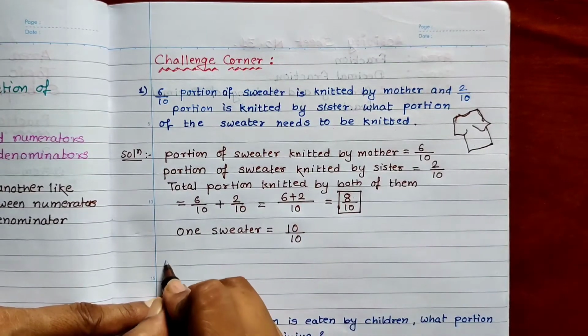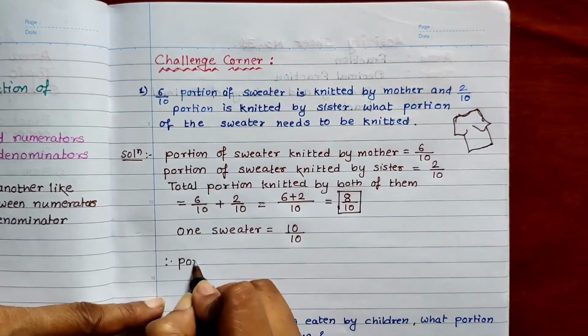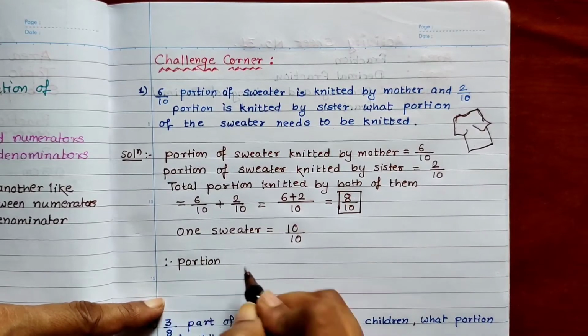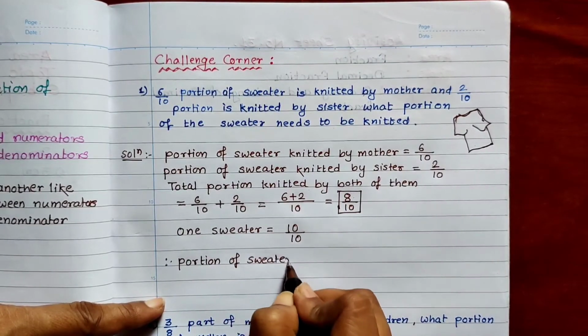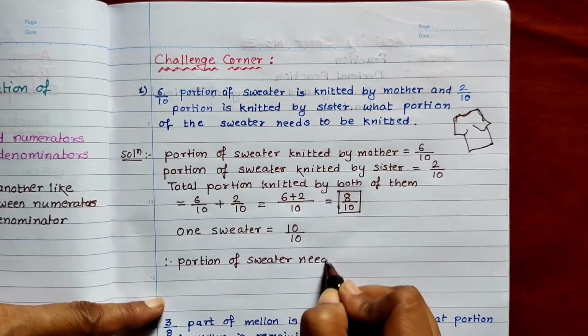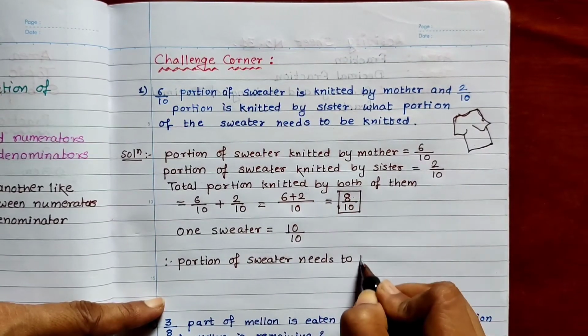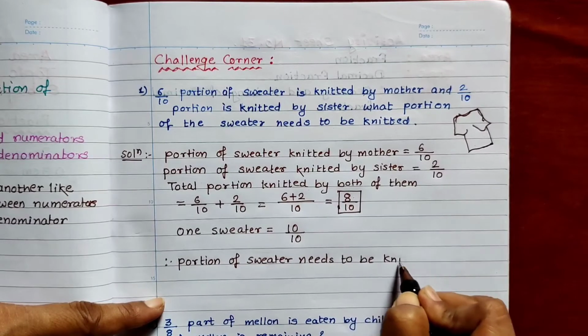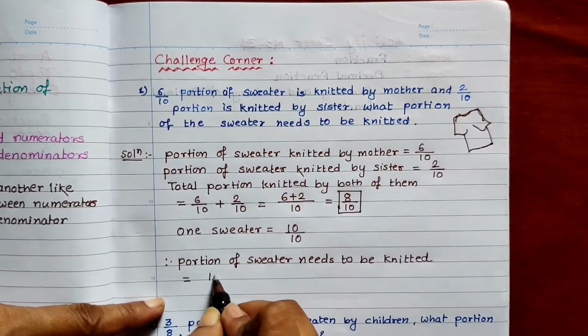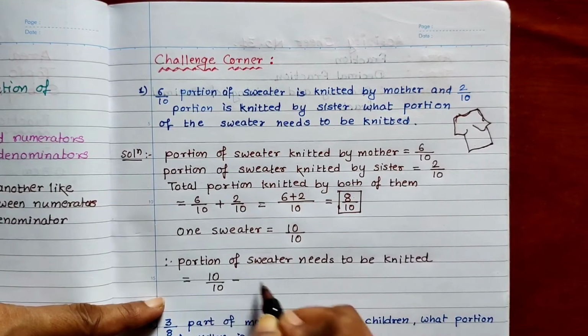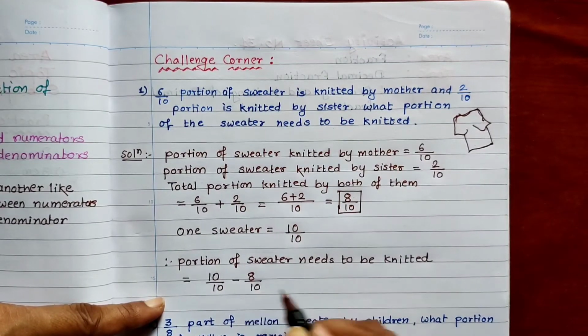So we write here, therefore portion of sweater needs to be knitted will be equal to 10 upon 10 minus 8 upon 10.